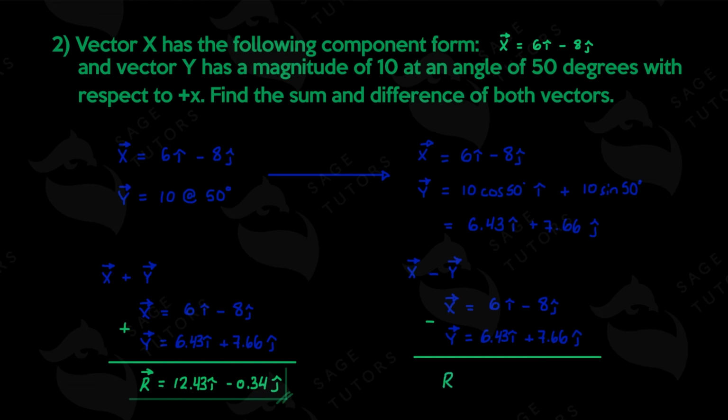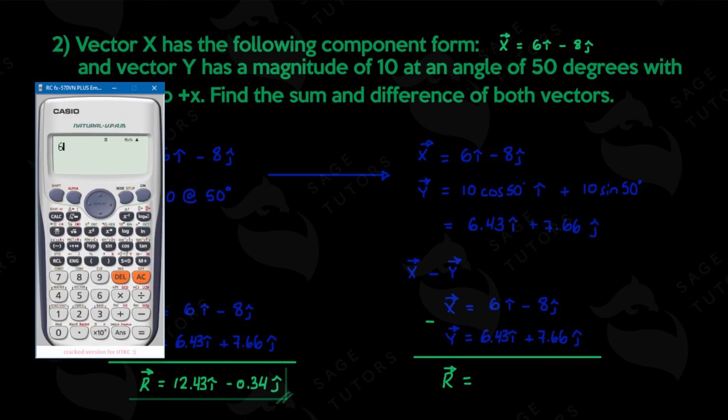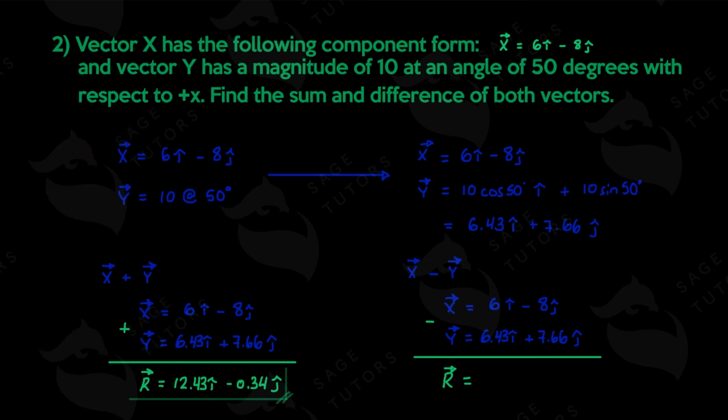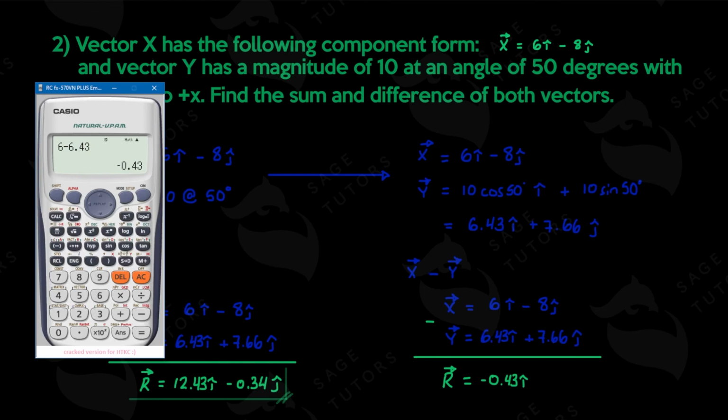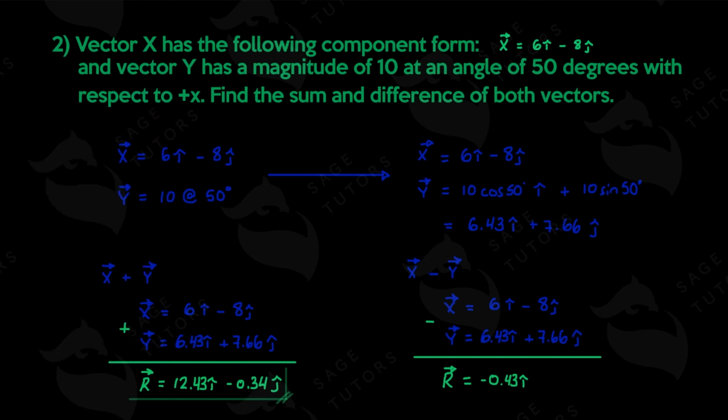So now the resultant vector would be 6 minus 6.43, which would give me -0.43 in the i direction or the x direction, and then -8 minus 7.66. This would give me -15.66.